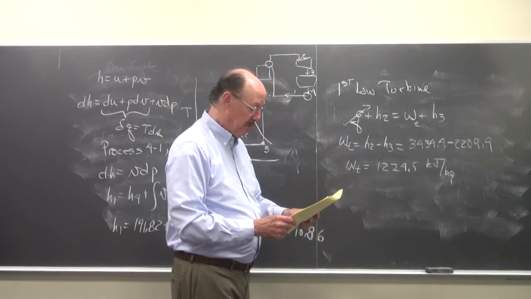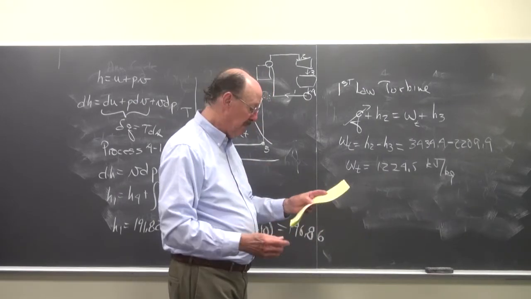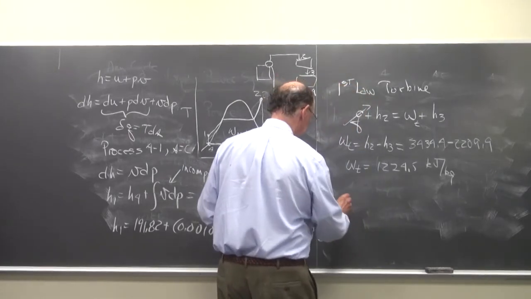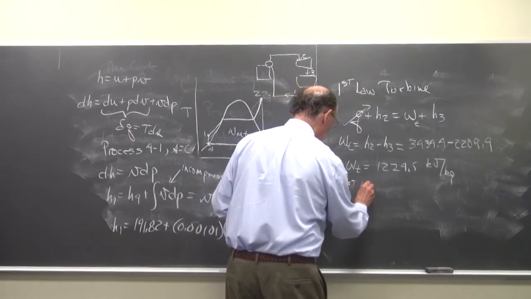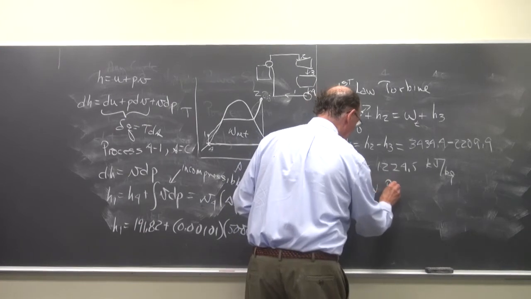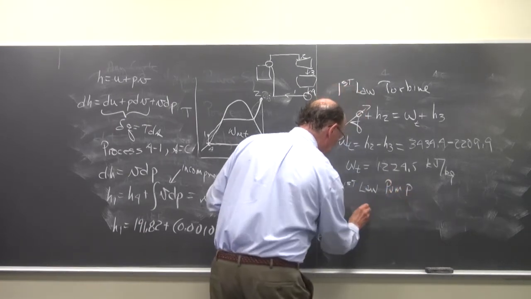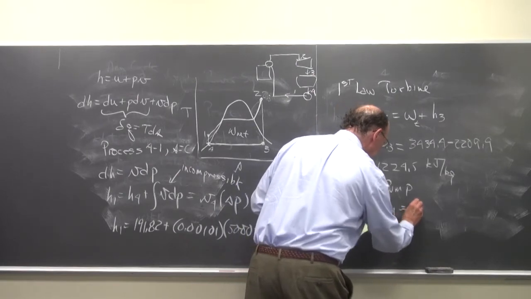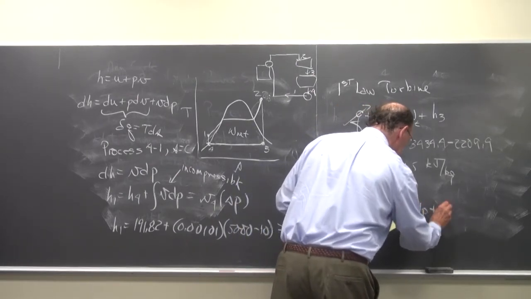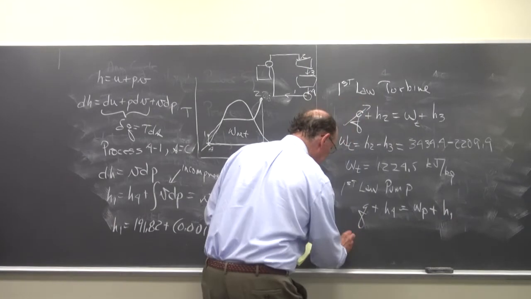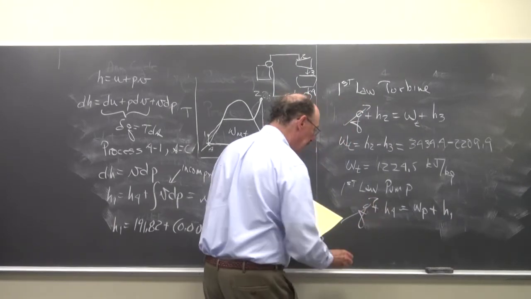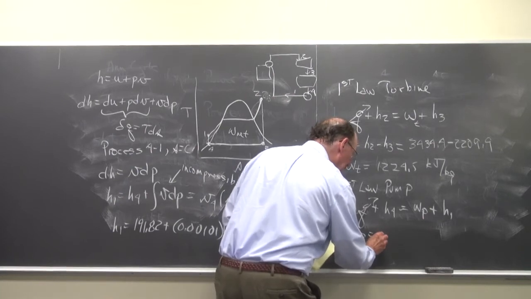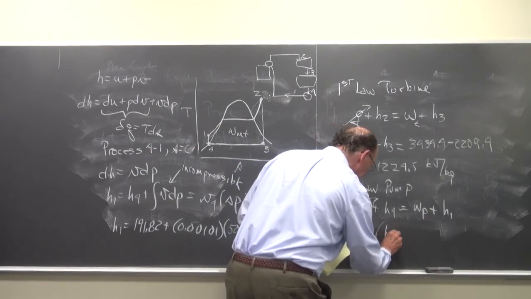And now we'll keep doing this. We'll do it for the pump, and we'll do it for the condenser. For the pump, we have Q plus H4 is equal to WP plus H1. Q is 0 again, so WP is equal to H4 minus H1.